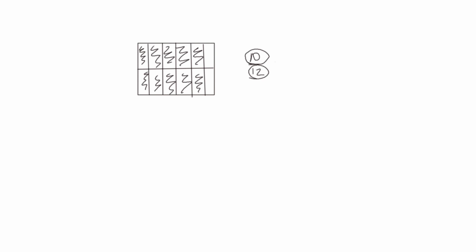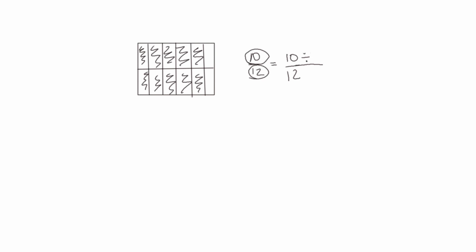So to do that, we look for a number that will evenly divide both the numerator and the denominator. So we see that both 10 and 12 are even numbers. So we know right away from our study of factors that if a number is even, meaning that there's 0, 2, 4, 6, or 8 in the ones place, we can divide by 2.